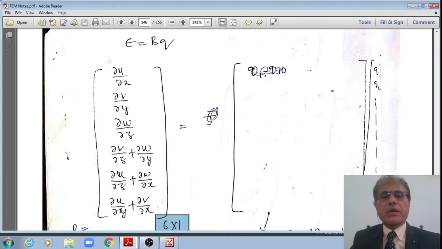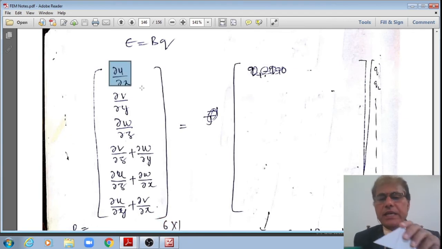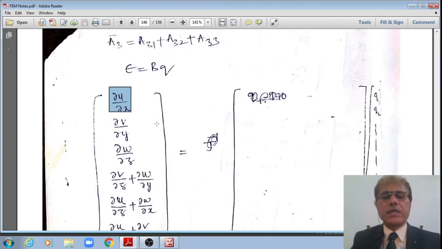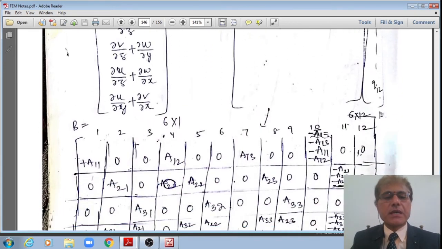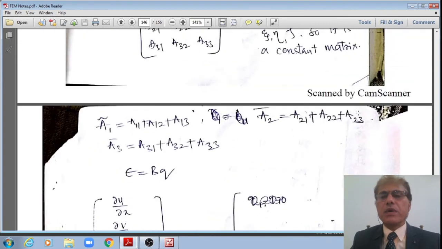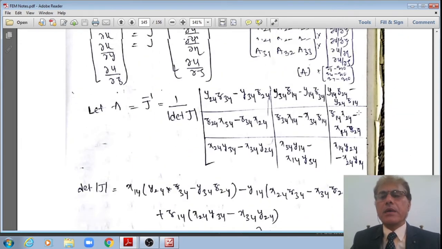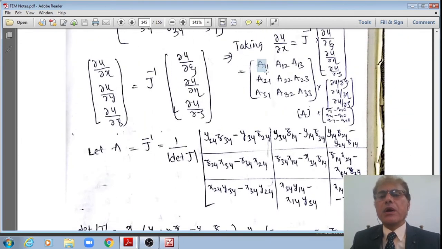That is how the normal strain along the x direction is equal to, as we just discussed, a11 operated upon q1. Let me go back: a11 operated upon q1.